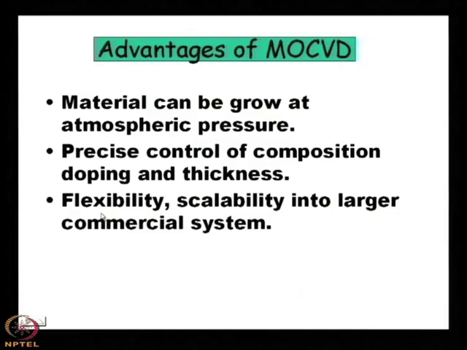In some device applications, in the later part of this course we shall show that in some cases you need the doping very precise. And flexibility, scalability into larger commercial systems, that is possible. If you can grow on a 1 centimeter by 1 centimeter substrate, it can be grown on a 4-inch substrate as well, because you are playing with the gas.